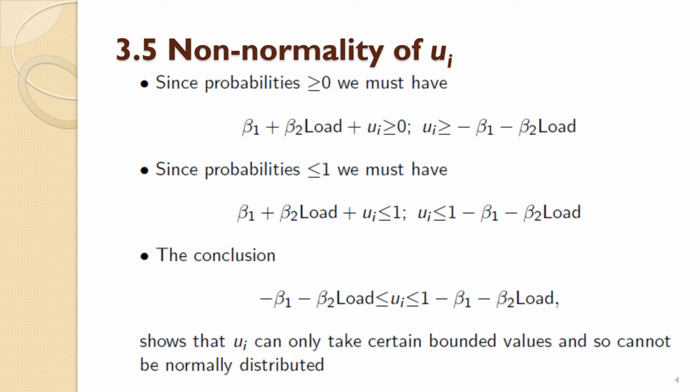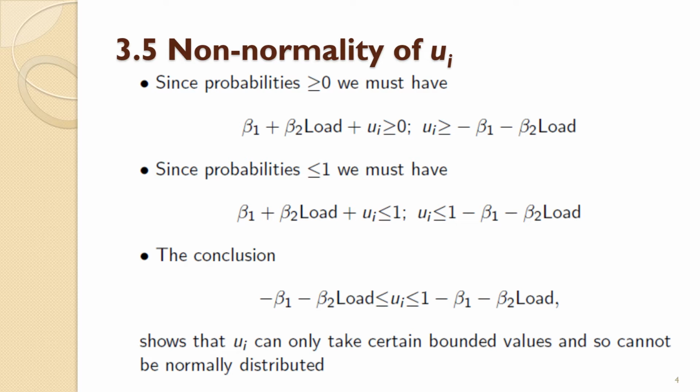So since probabilities are greater than 0, you have this first equation up here, so ui must be bigger than minus beta1 minus beta2 times the load value. Since probabilities are less than or equal to 1, you must have that ui is less than or equal to 1 minus beta1 minus beta2 times the load.